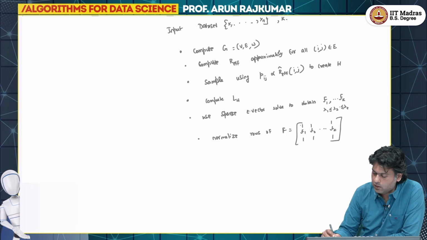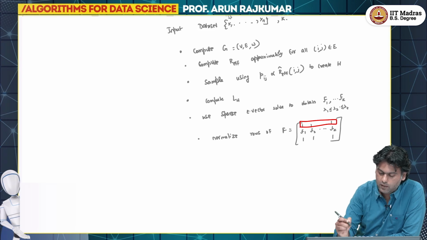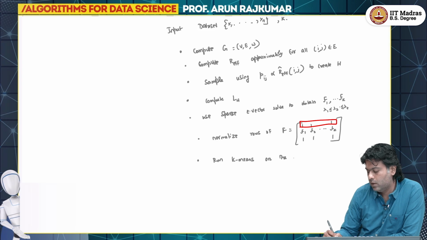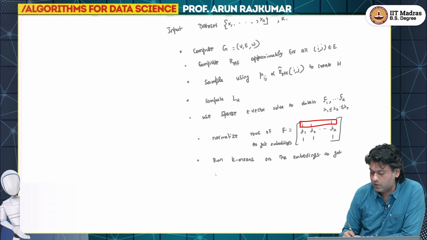We are normalizing the rows, and finally, run k means on the embeddings. Normalize the rows to get embeddings basically. To get final clusters.